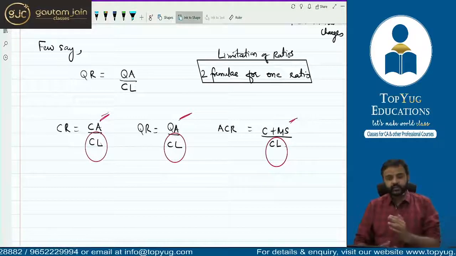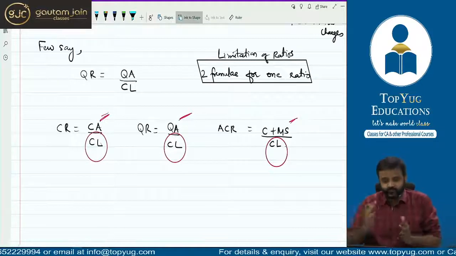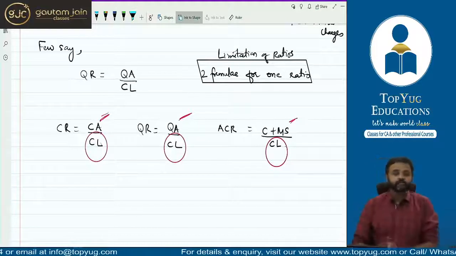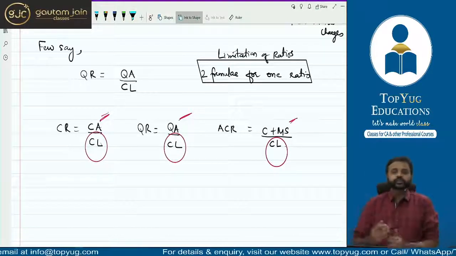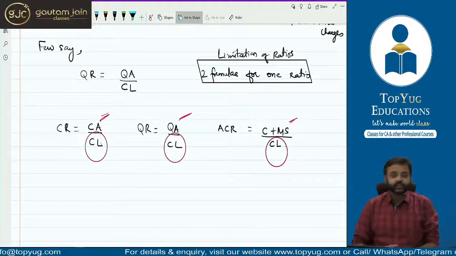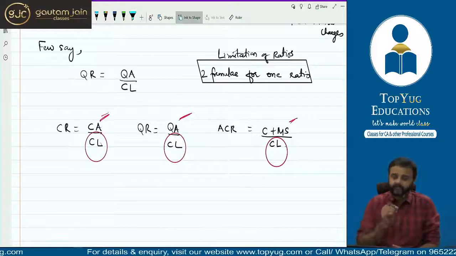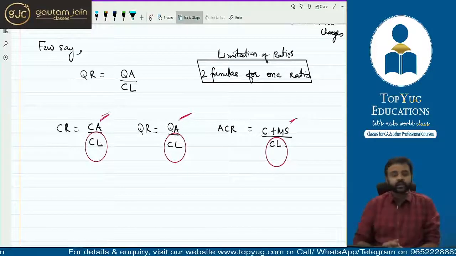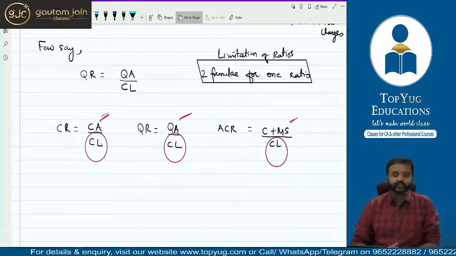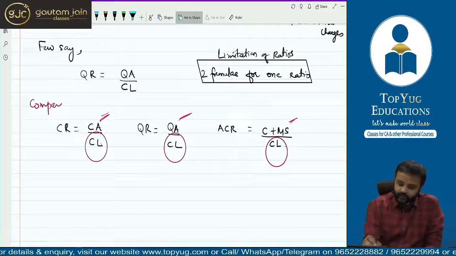So you are going closer to cash, from current ratio to quick ratio to the absolute cash ratio, checking whether adequate current assets, quick assets, or cash are there to pay off current liabilities.